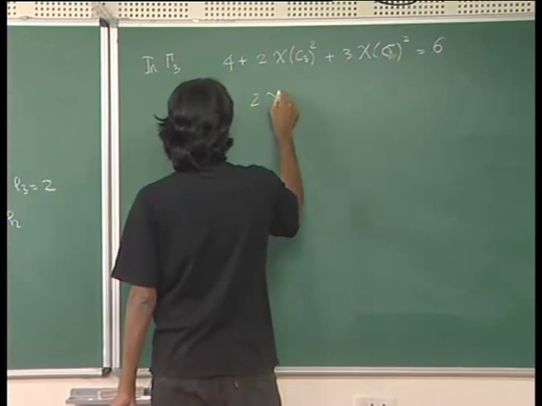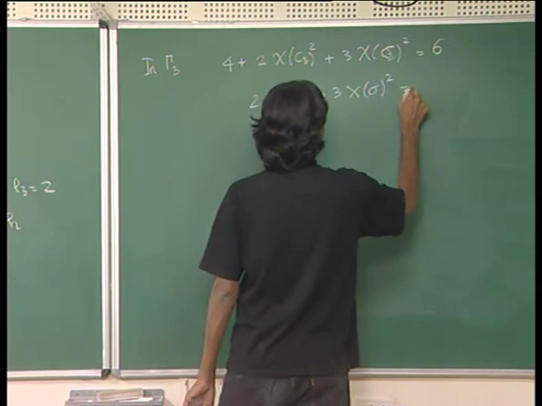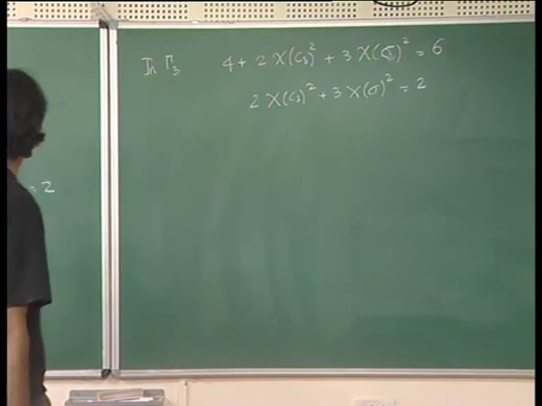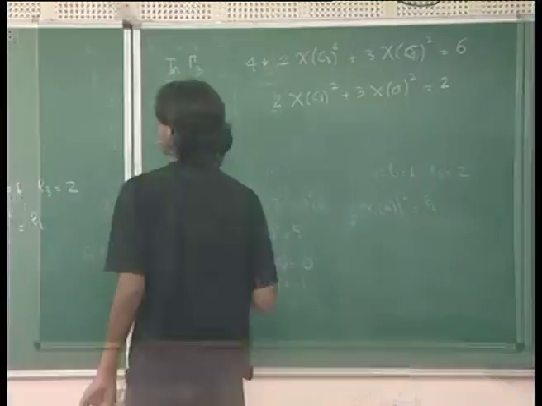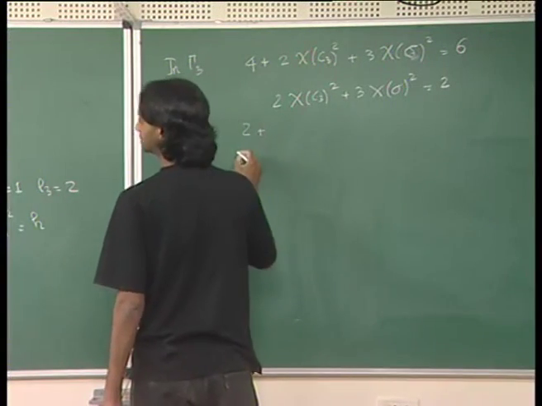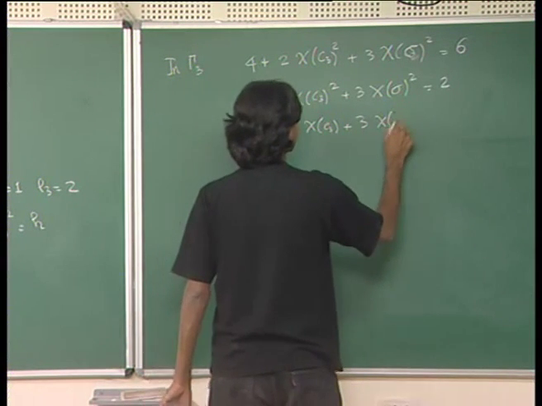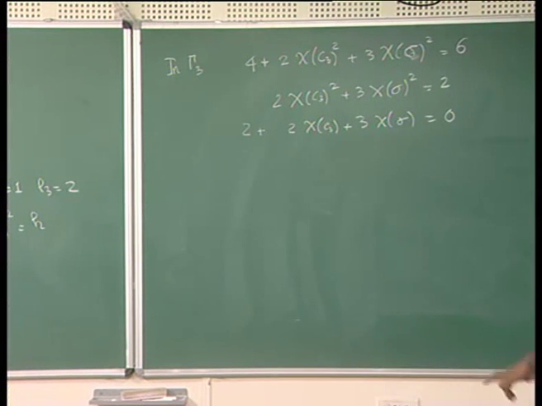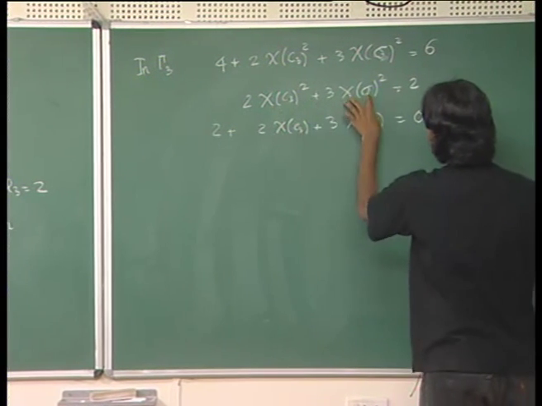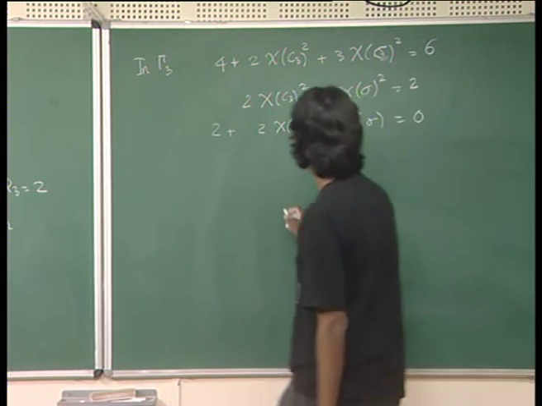So, this implies twice chi C 3 square plus thrice chi sigma square equal to 2. And the orthogonality condition will say that this is 2, so 2 plus twice chi C 3 plus thrice chi sigma equal to 0. So, twice this plus 3 times this should be minus 2, whereas twice the square of this plus thrice the square of this should be equal to 2, and you can easily see that this is satisfied.